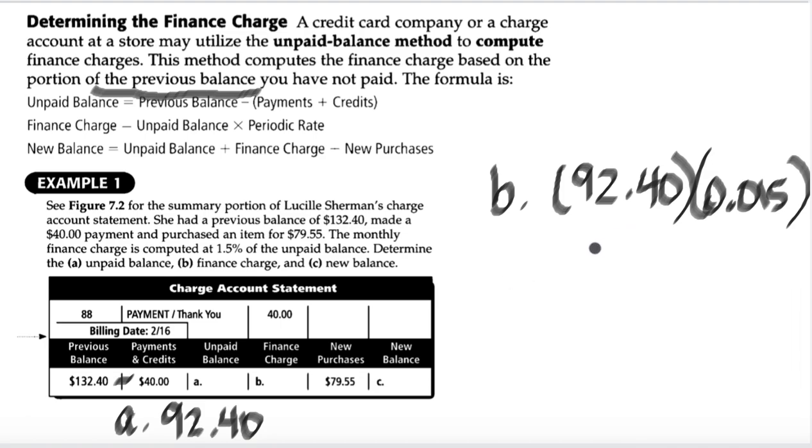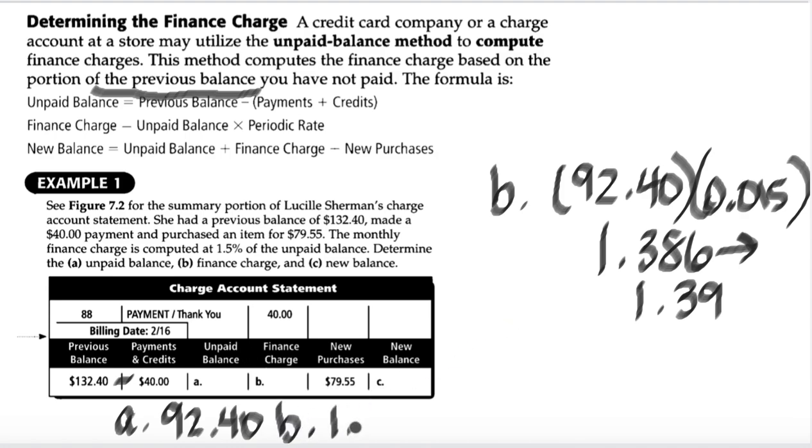So when you multiply these, you get 1.386, but remember we need to round this, so 1.39. So letter B is 1.39.